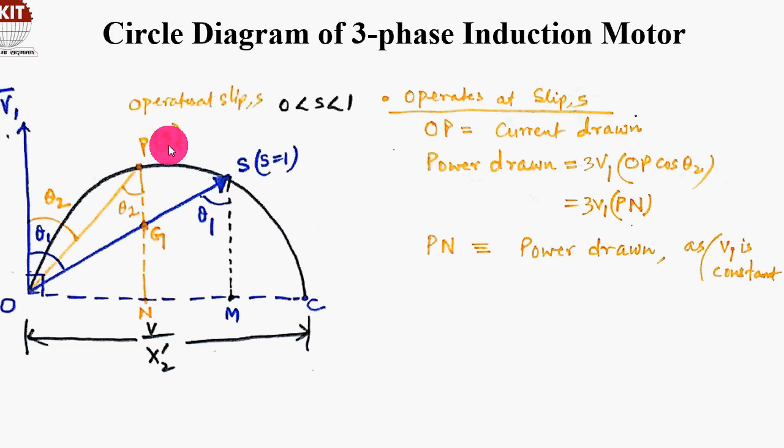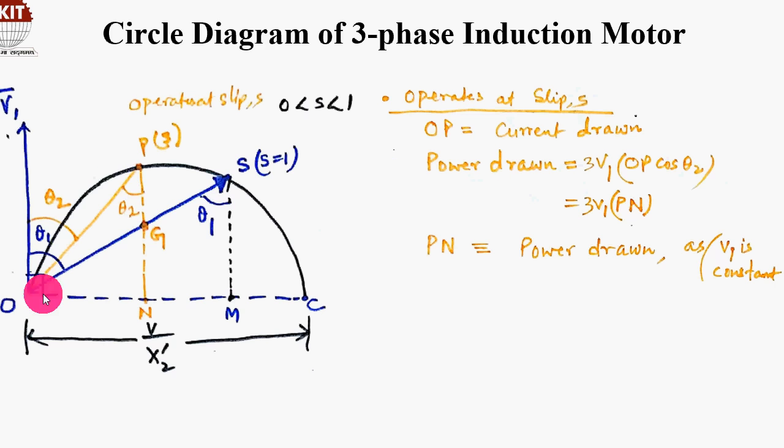So this is the slip value at this point. This angle will be equal to this angle, because these lines are parallel, since this line is perpendicular to this OC.